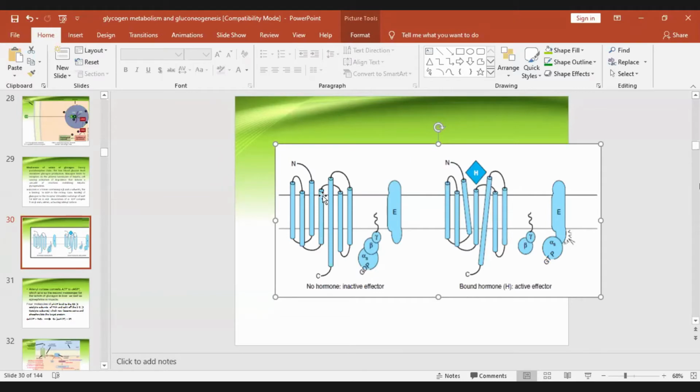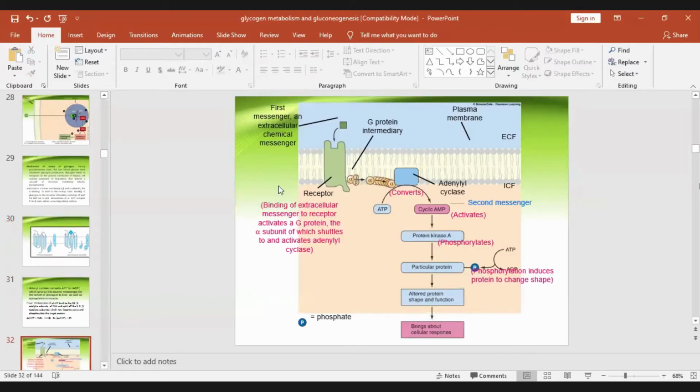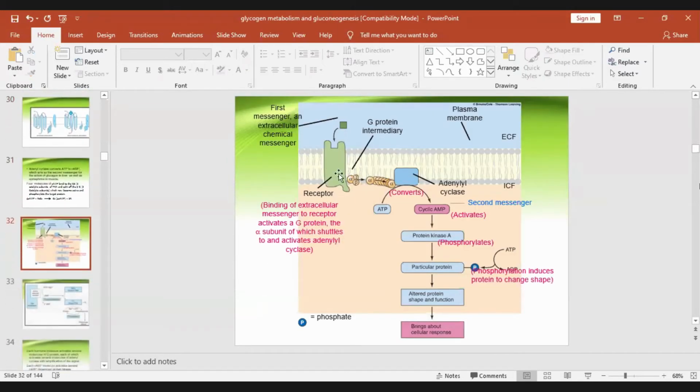When the hormone binds, it is activated whereby GDP is replaced by GTP, and alpha-GTP binds to the enzyme on which it acts, releasing the beta-gamma dimer. So now this enzyme, adenyl cyclase, is activated. There is amplification at each of the following steps. Here, one cyclic AMP molecule that is formed activates several G protein molecules and so on.